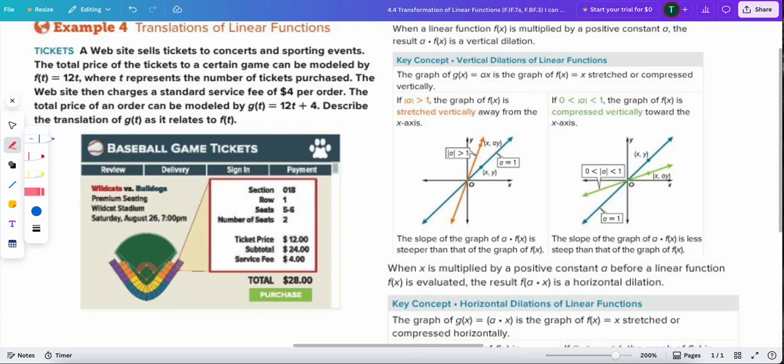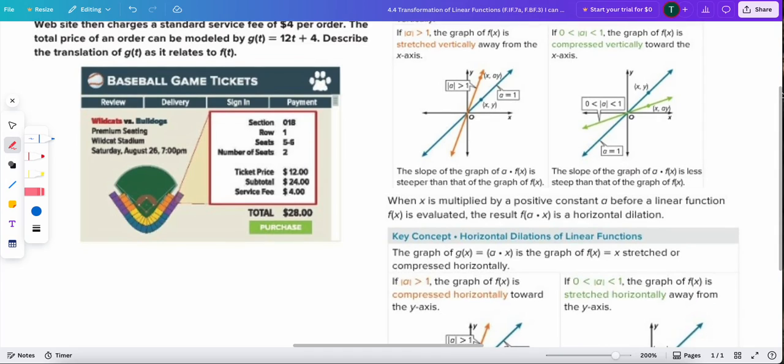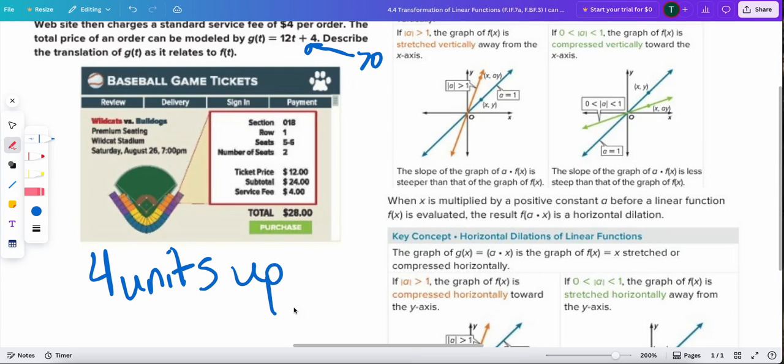Describe the translation. That 4 is not being added inside parentheses or anything. It's being added outside. Since it's outside and this is plus, this is more than 0, which means this would be 4 units up.